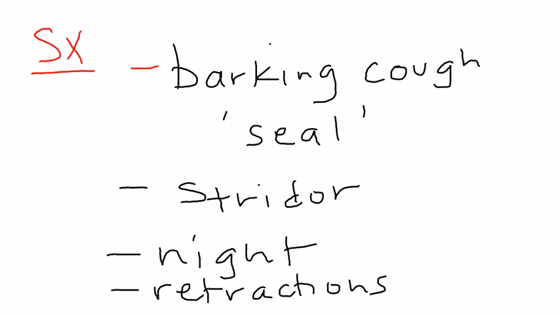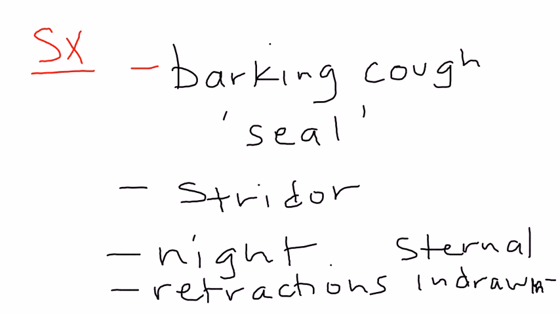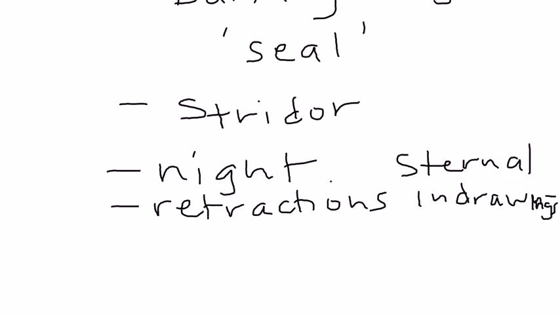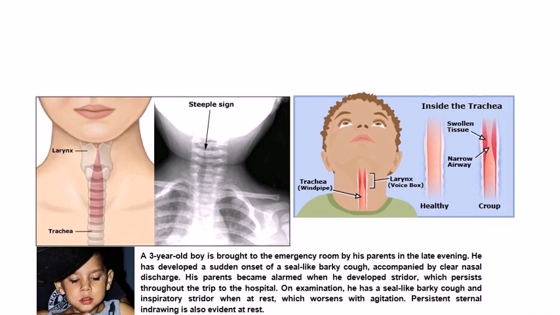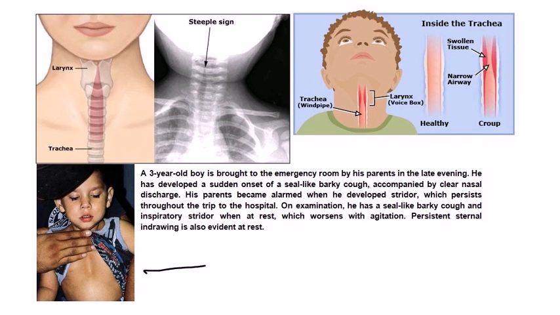Now, retractions are these where the sternal area starts to draw inward. These sternal indrawings. I'll show you a picture of a child with those sternal indrawings. Right here, if you can see the middle part there, do you see how that kind of caves in? And that's what we mean by those retractions.